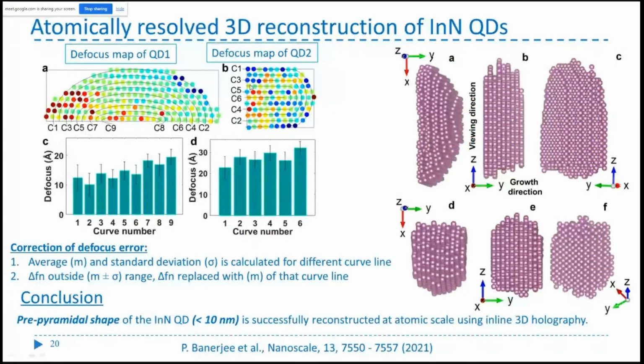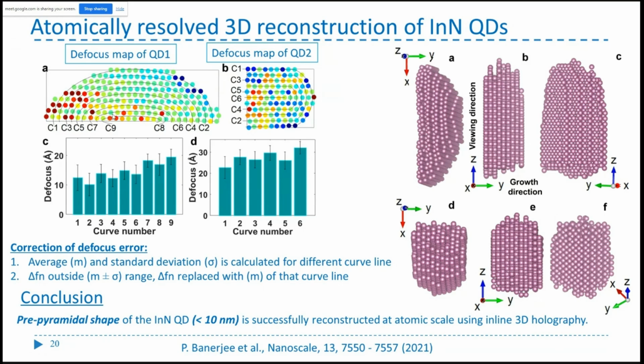So this is the two indium nitride nanocrystals, and we know that the atomic columns in the periphery, each layer, will have different thickness. It is thinnest at the edge, and then the thickness increases into the quantum dot.